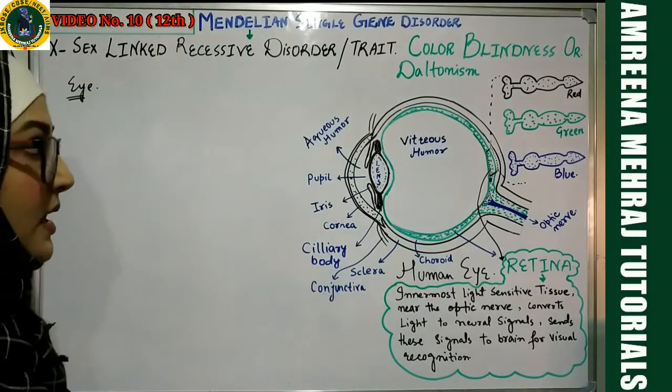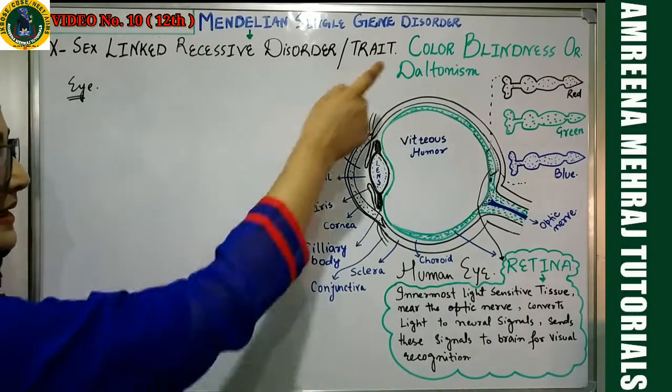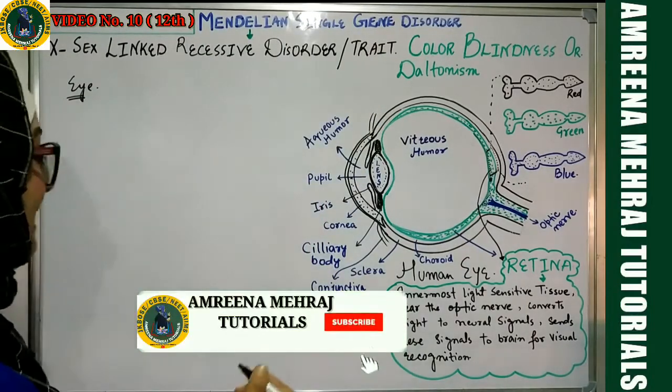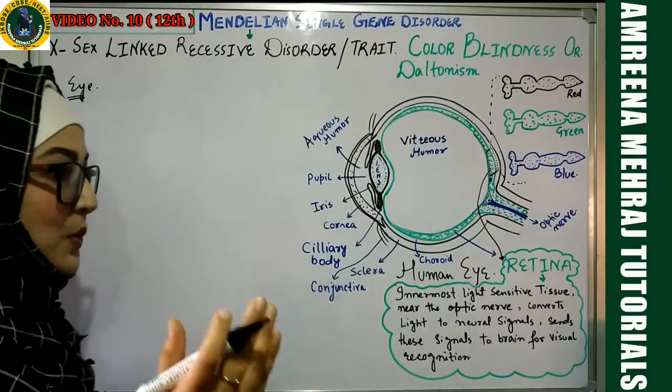Now, my dear students, what sort of defect is it as far as the name indicates? The name of the disorder indicates that in this particular disorder, a person is not able to distinguish between the colors.